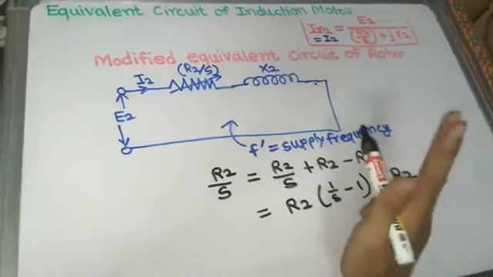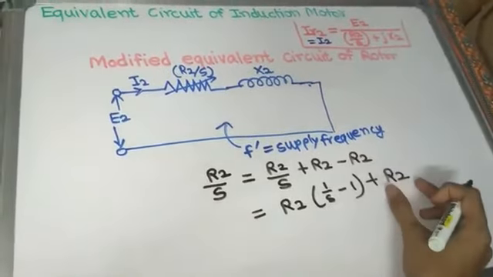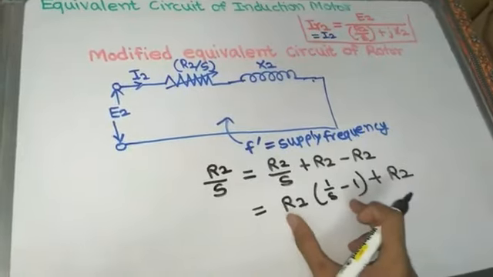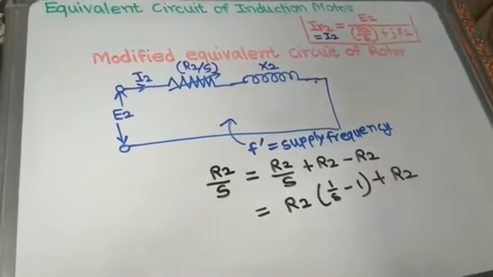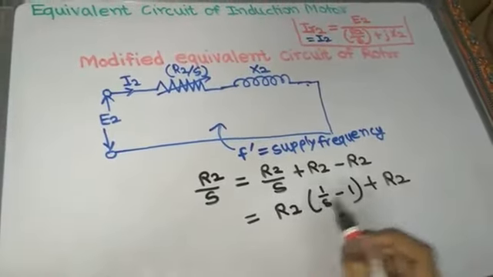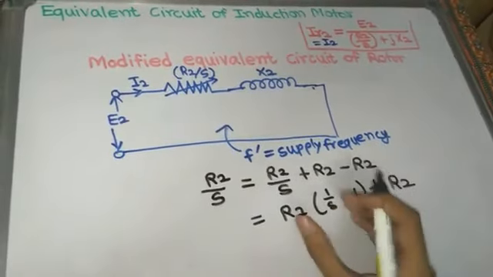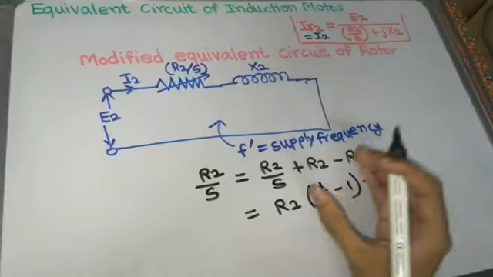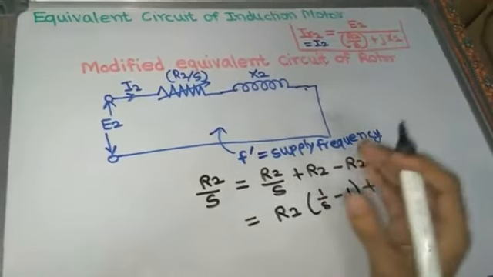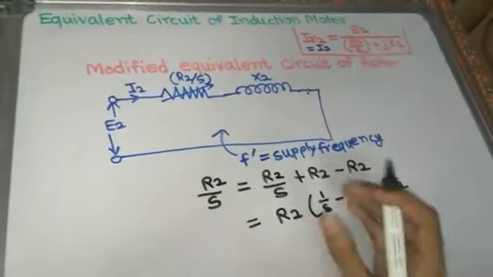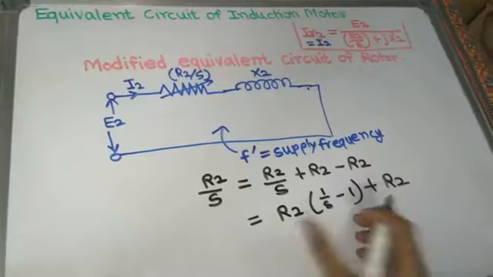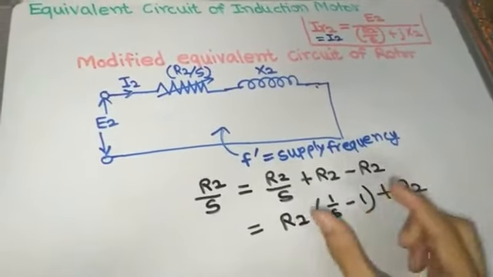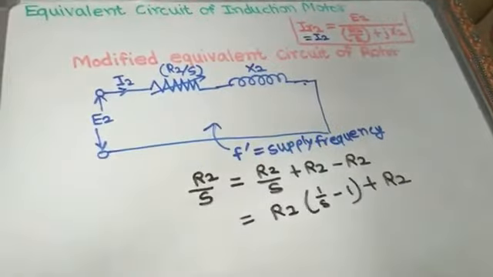So we have two rotor resistances here. This one is the constant rotor resistance per phase, and the varying one is the equivalent electrical load, the electrical equivalent of mechanical load.